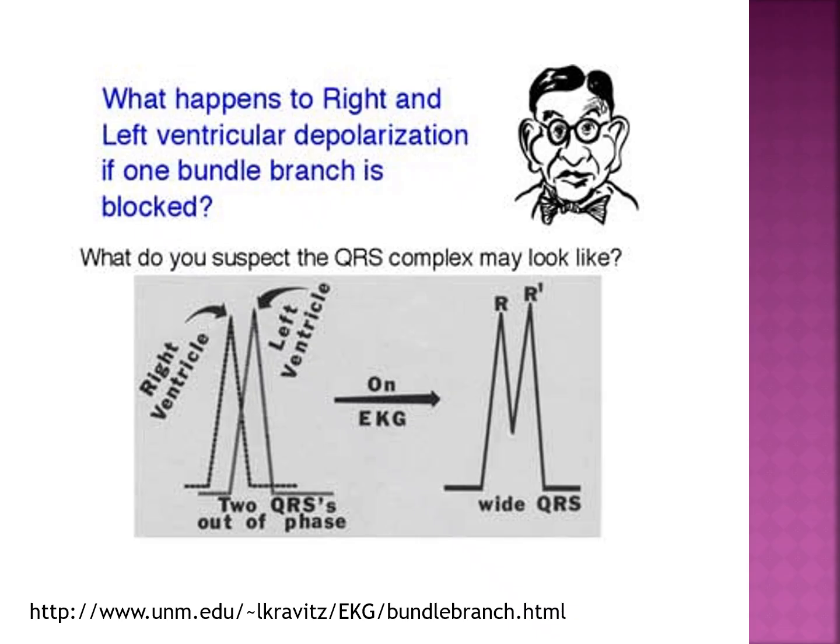One is blocked, so one is going to depolarize before the other one. So you basically get two QRS phases, and they don't mesh well together, and so you end up with sometimes a widened QRS complex or rabbit ears or whatever. This shows you what you might see for a bundle branch block. But there are easier ways to tell, and of course I'm going to try and share them with you.